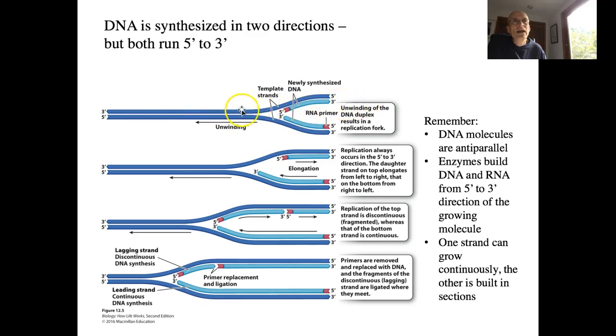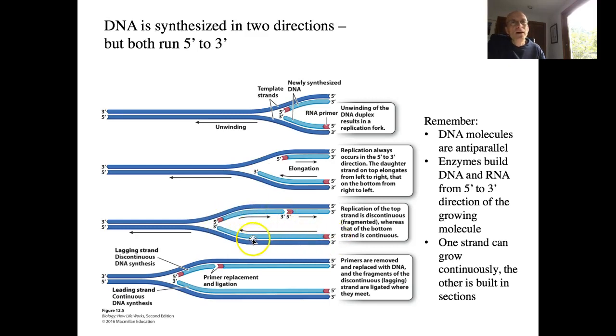And then what happens to the part of the top strand as it's trying to be synthesized? As this piece is being elongated, and this piece is being elongated, continuously moving inwards into this replication fork, that hole has to be filled. And that hole is filled by simply adding a new start over here and starting in this direction.